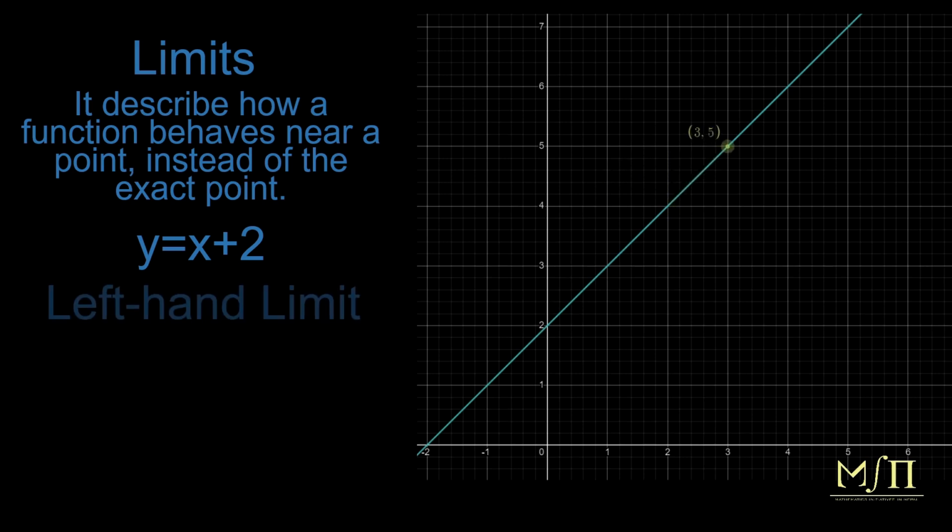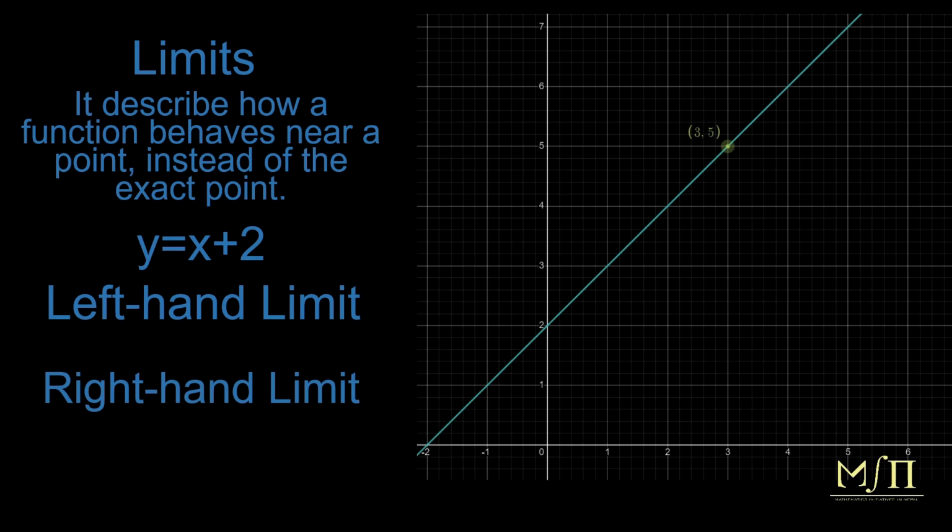This is called the left-hand limit. Similarly, at point (5, 7), if we decrease the value of x till it becomes x equals 3, again the y value approaches 5. This is called the right-hand limit. So the limit is 5.